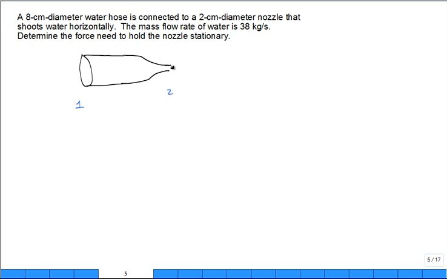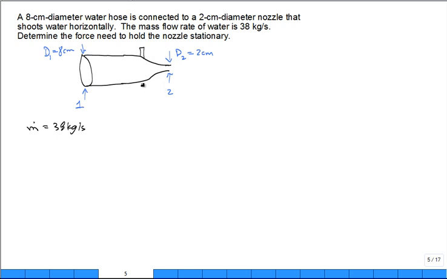State 2, the diameter of 2 is 2 centimeters. The diameter of 1 is 8 centimeters. And the water shoots out horizontally. The mass flow rate is 38 kilograms per second. Determine the force needed to hold the nozzle stationary.